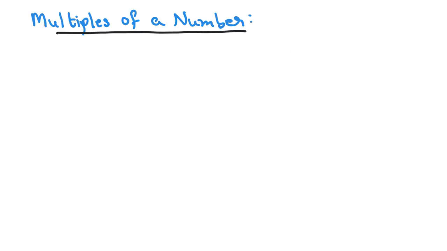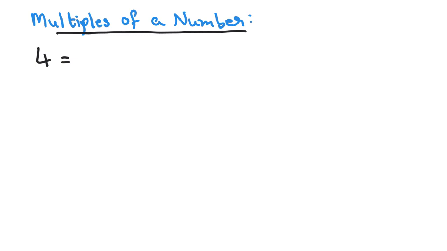Let's understand what we mean by multiples of a number. Let's take for example a number 4. Now when we say multiples of 4, it means all the numbers that come in the multiplication table of 4. Let's list a few of them.